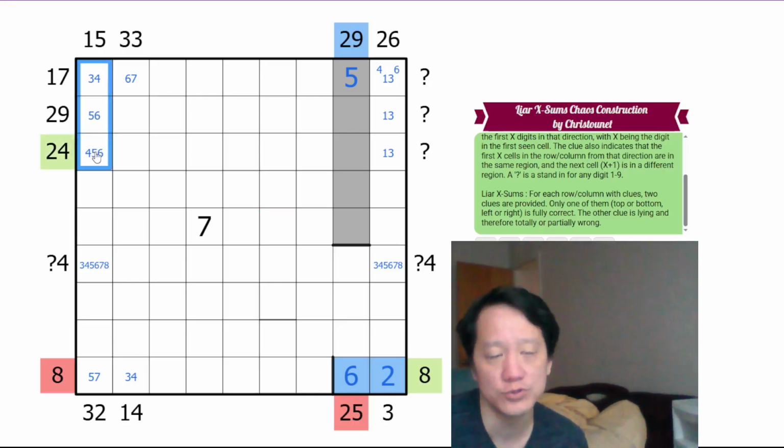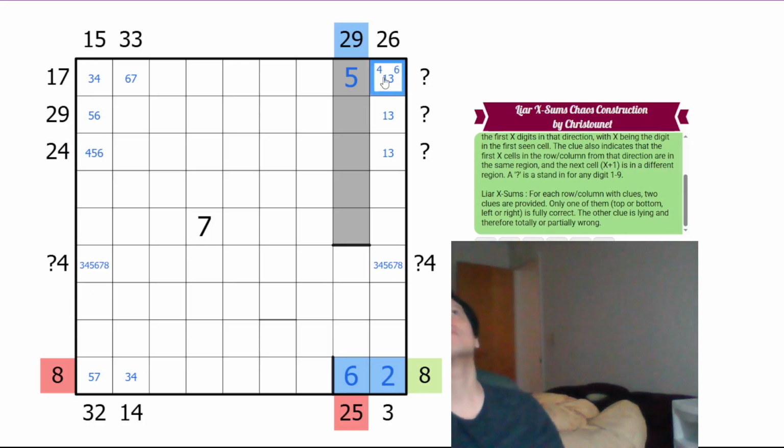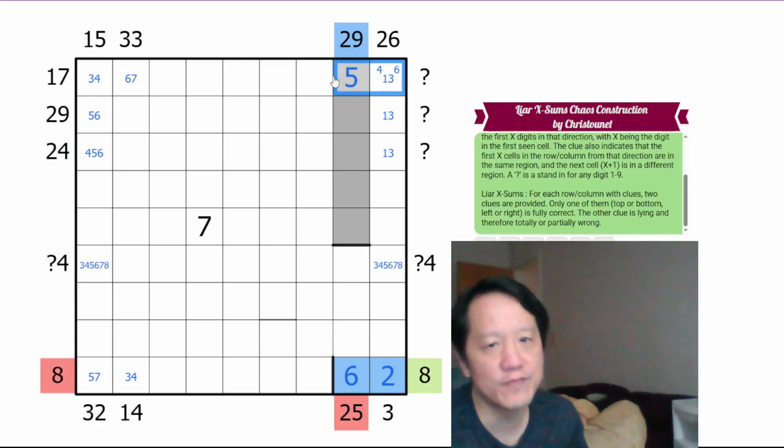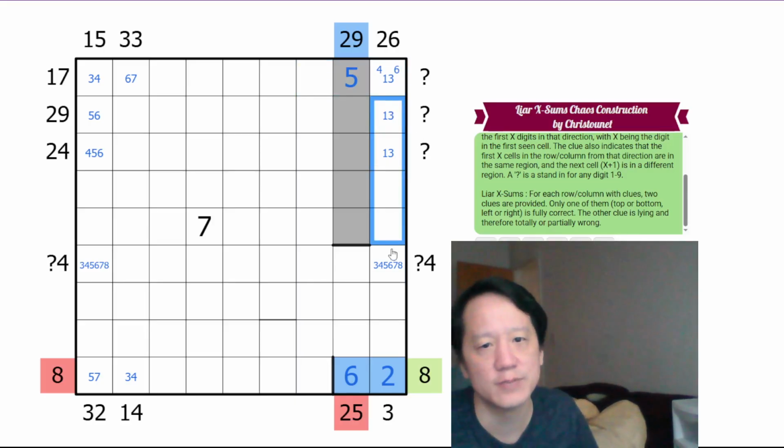We need 2 trues here. We can only have 1 true here, right? Because you can only go 1. Well, hold up. You could have 3 here, and then this be 1 and be part of a separate region.